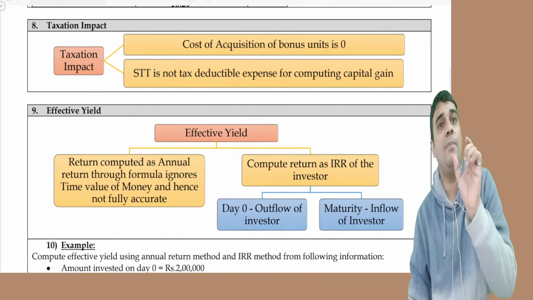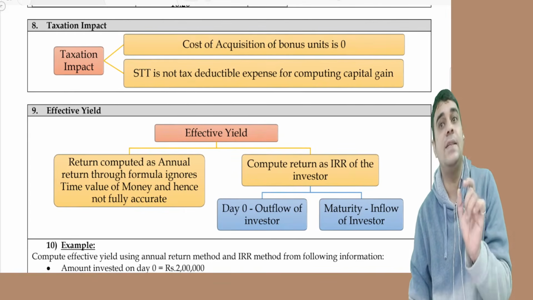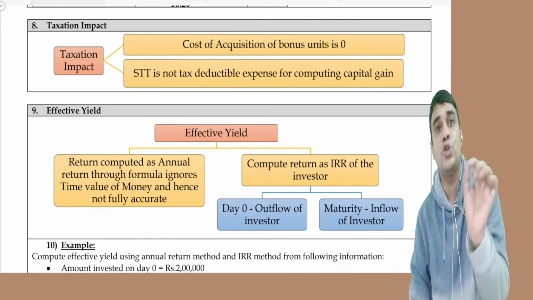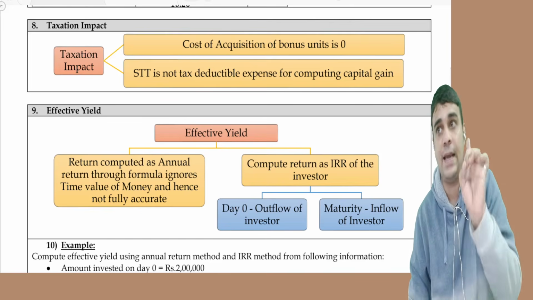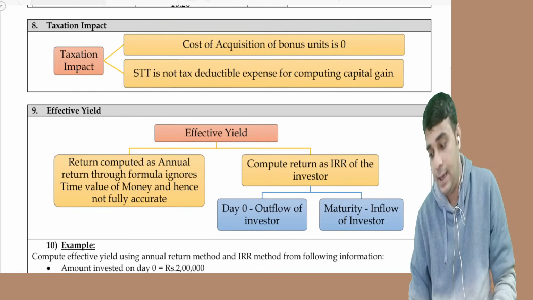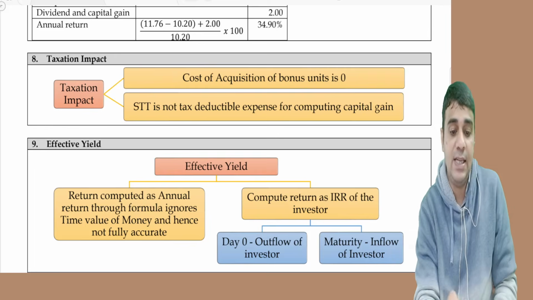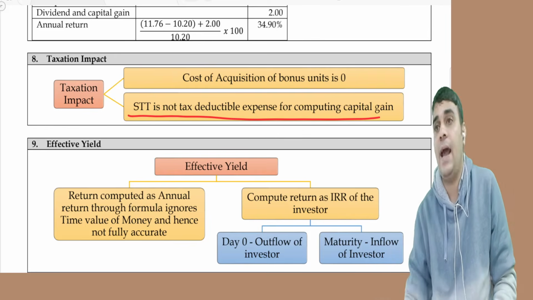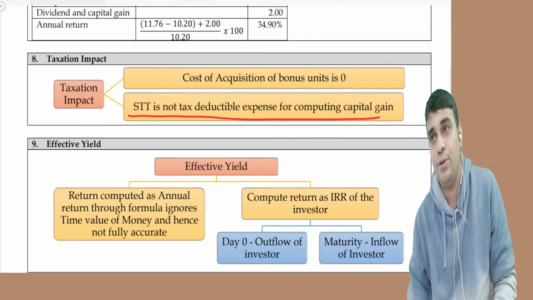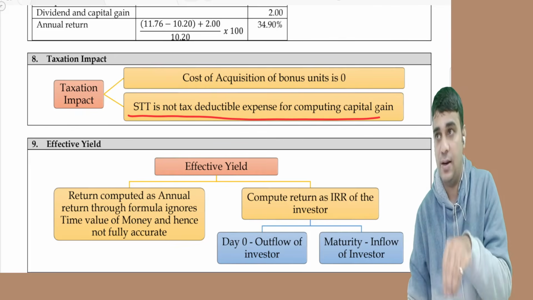So when I calculate my capital gain, securities transaction tax will not be shown as a deduction for calculating capital gain. It's nothing to do with the subject which we are doing.